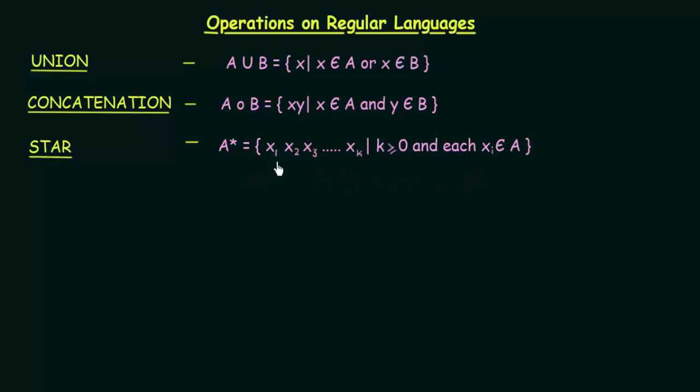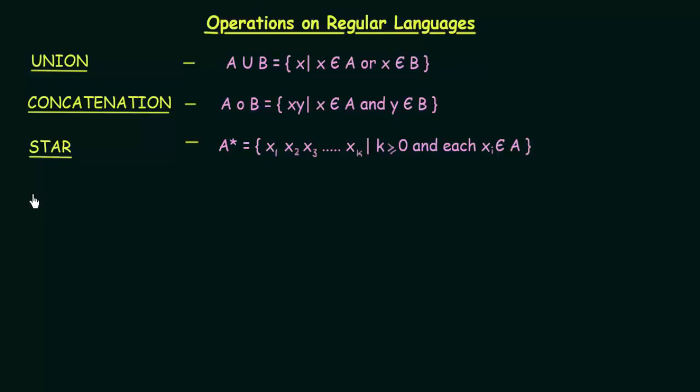It only means that you take as many symbols as you want from your set A and join them together in any way you like. That is what we mean by star. All these three will become clearer when we take an example below.